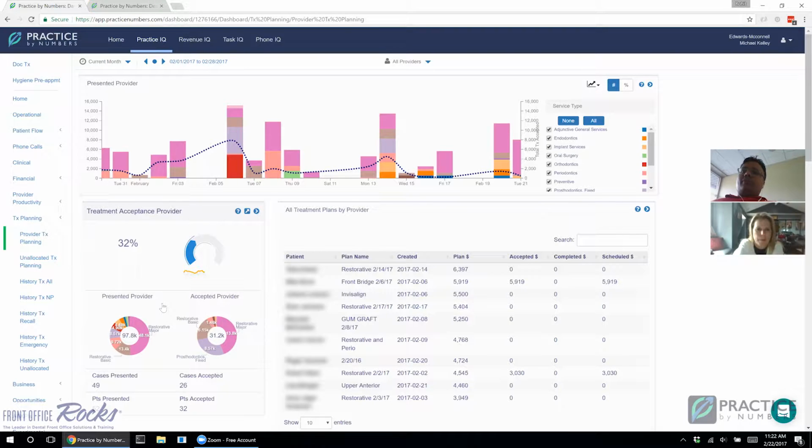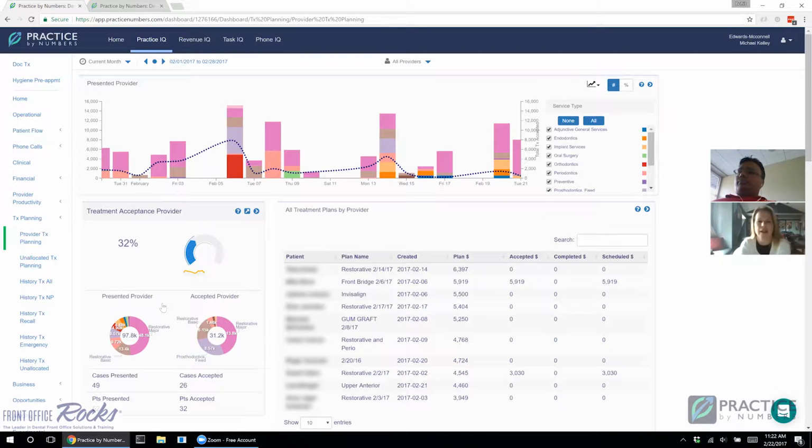So the way we figure out if a treatment plan is presented by Dr. 1 is we look for an exam or a consult code done within a week of the treatment plan or a week before, plus minus. If an exam was done and a treatment plan was done, we know the person who did the exam also did the treatment plan.